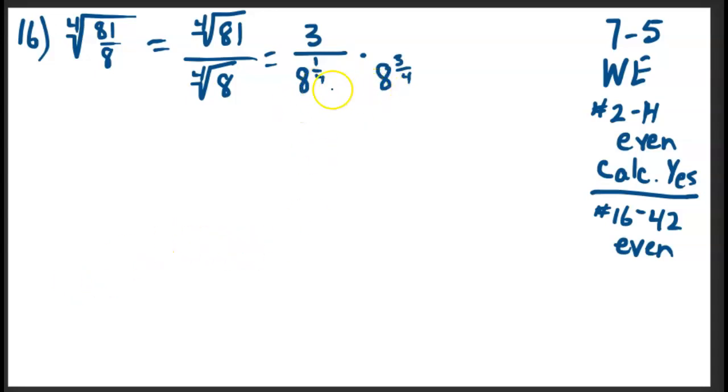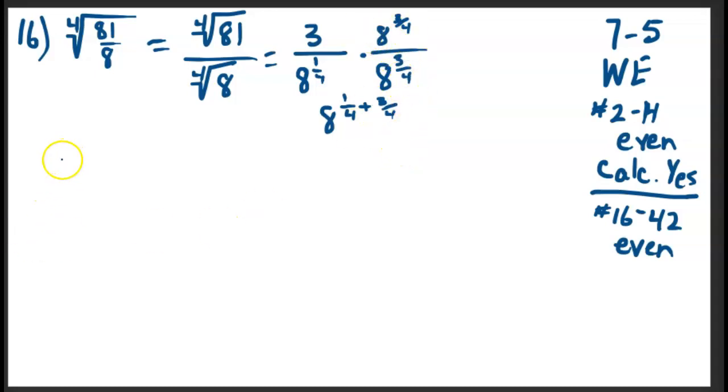Because what's going to happen here is this is going to become 8 to the 1/4 plus 3/4. And 1/4 plus 3/4 is 1, so the denominator is just going to be 8. It's not going to be a radical anymore. This is a way to get the radical out of the basement. But I have to multiply the whole fraction by 8 to the 3/4 over 8 to the 3/4.